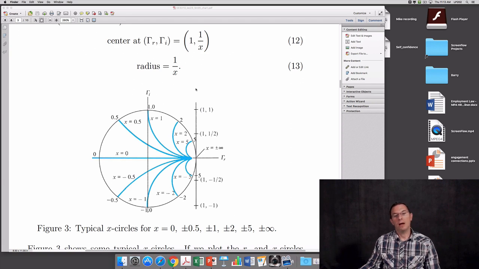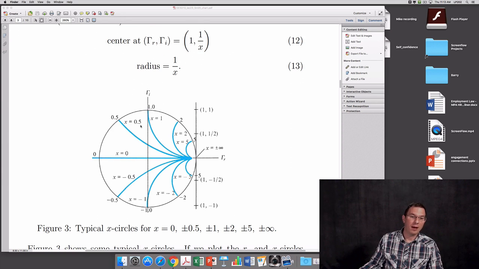Of course, you can have both inductive and capacitive loads, and so we need to have inductive and capacitive lines here on our Smith chart. In fact, we do.